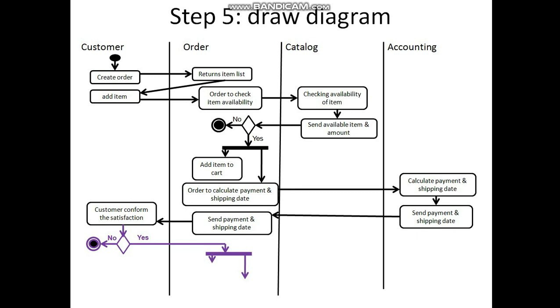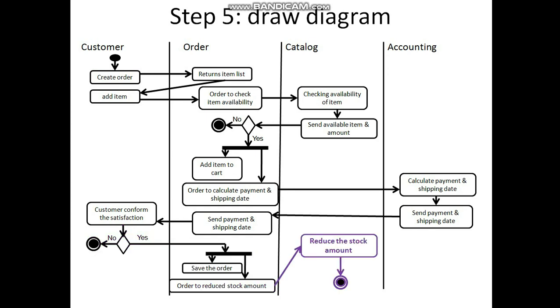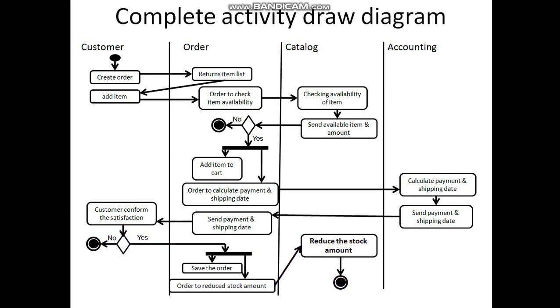Then I use a fork here. One activity is save the order. Second, order to reduce stock amount. Finally, the catalog unit reduces the stock amount. Now you can see the complete activity diagram. Thank you. Refer to my notes and try to complete activity 3.